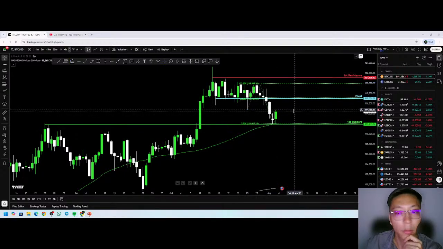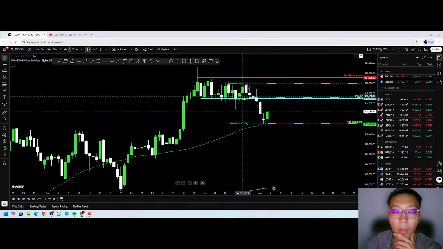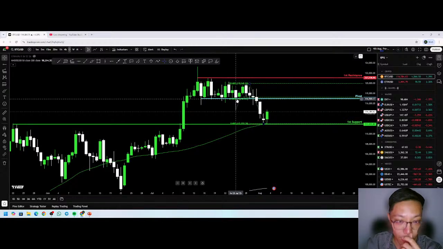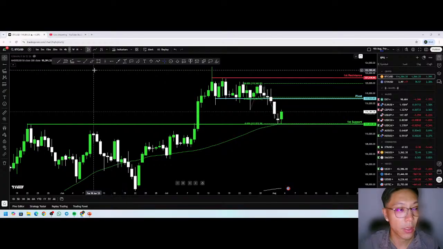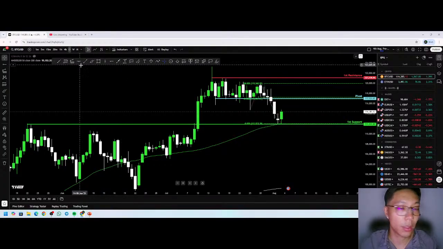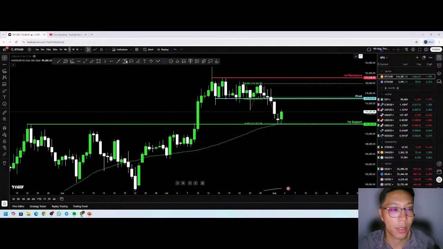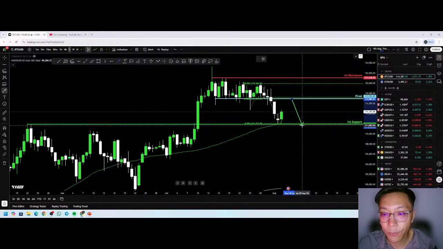Right on, we have a 100% Fibo projection together with a 61.8% Fibo retracement. So I would say this could probably be an area where you can sell for BTC USD.